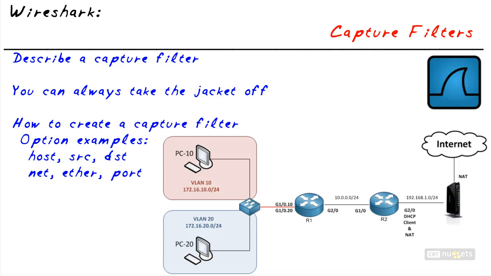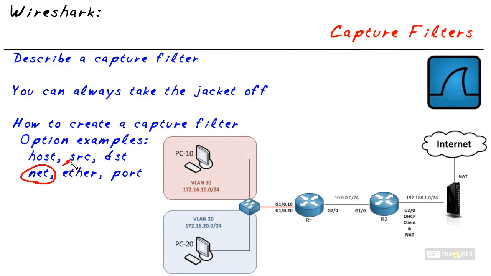But Keith, what if we wanted to filter based on a specific destination address or a specific source address? Is that possible? Absolutely. We also have the not option, so we can say, I want to see everything but this source address or this destination address. Another really cool option is to filter this capture filter based on the network that the packet's involved with.